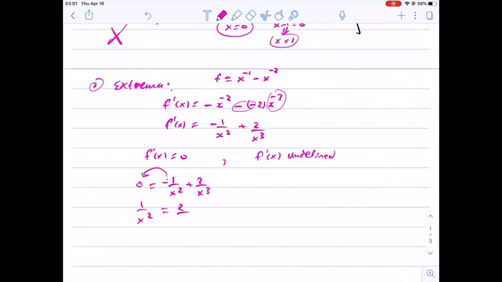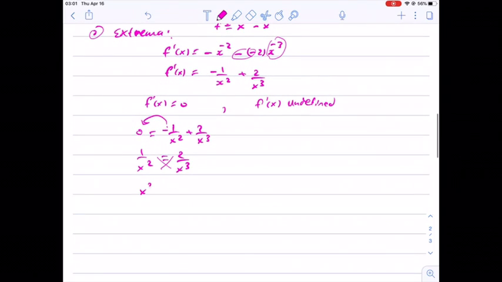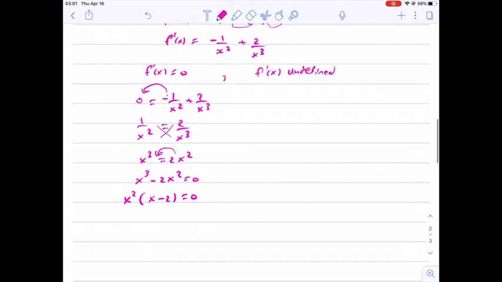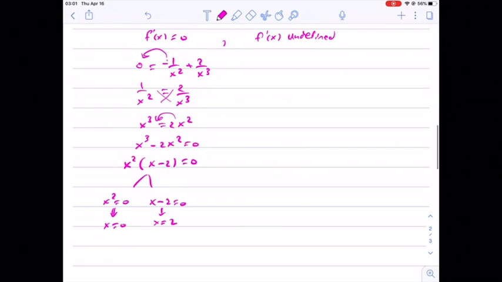And then we bring this to the left-hand side, it becomes 1 over x squared equals 2 over x cubed. And then cross multiply, you get x cubed equals 2x squared. Then bring this to the right-hand side, it becomes negative. Then take x squared as a common factor, you get x squared times (x minus 2) equals 0. Then x squared equals 0 means x equals 0, and x minus 2 equals 0 means x equals 2.